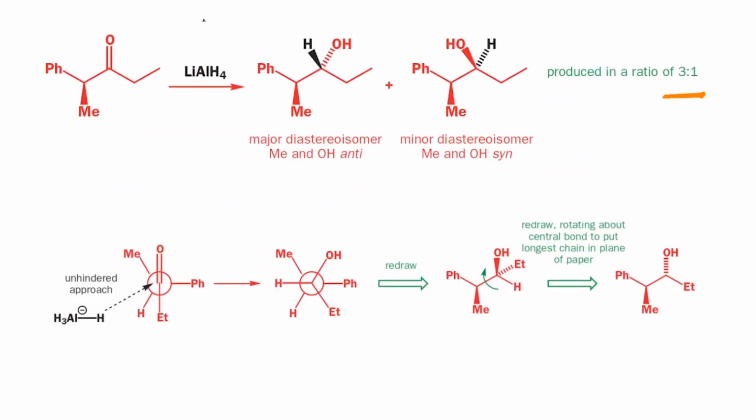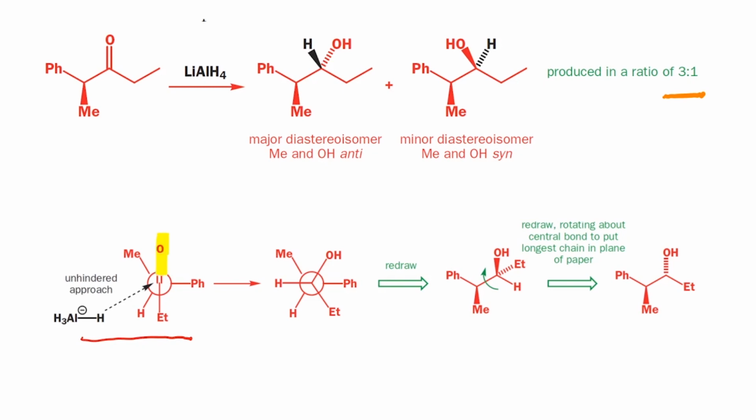Okay, so let's just now quickly recap. When we want to explain the formation of a product, in this case in the ratio of 3 to 1, we want to develop a model, and the model that we prefer to use is the Felkin-Anh model. The Felkin-Anh model has very important characteristics.